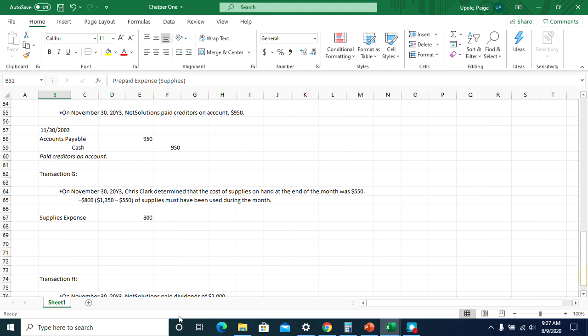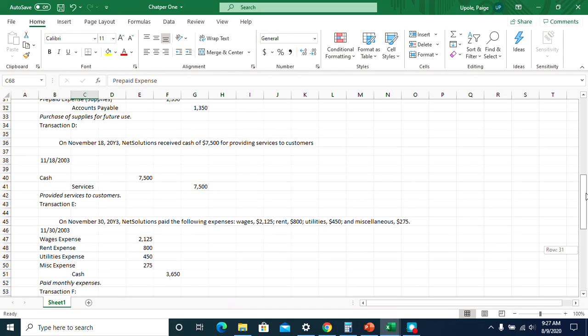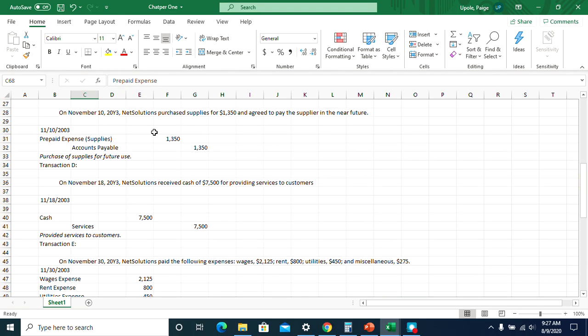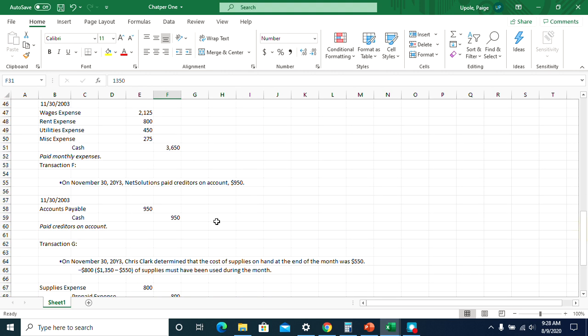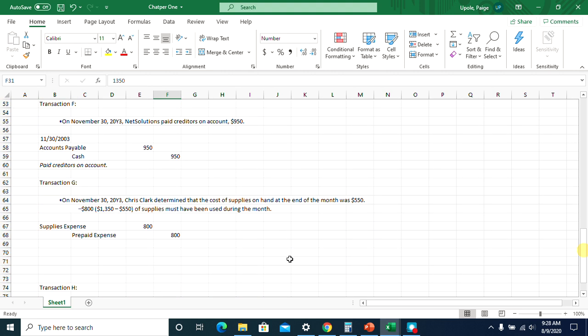It was an asset, we're using it up, so now we credit the asset. And this makes sense, right? Because if we took our initial prepaid expense debit balance of $1,350, and we credit the prepaid expense account $800, now we have $550 left. And that's how much we have left in supplies, so that makes sense.